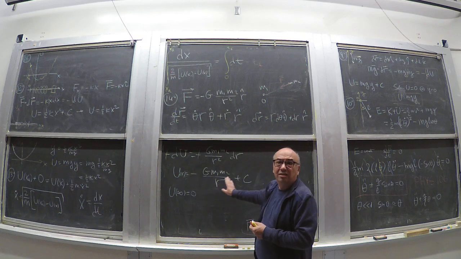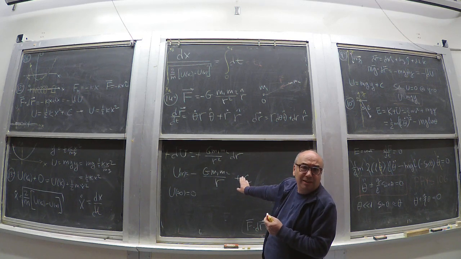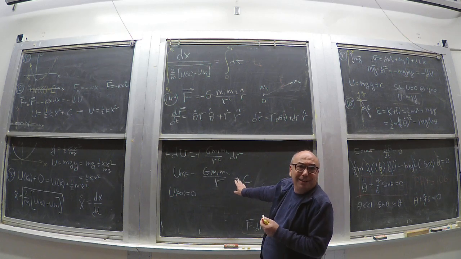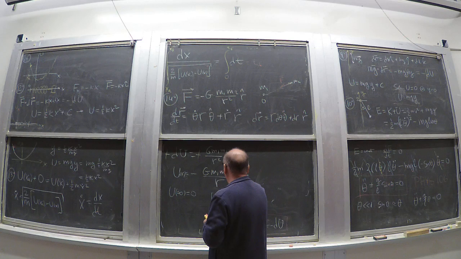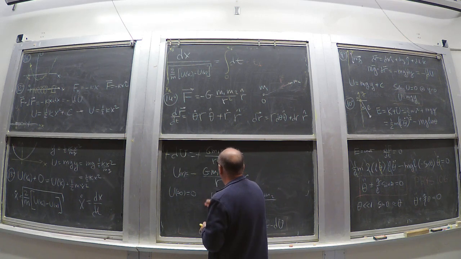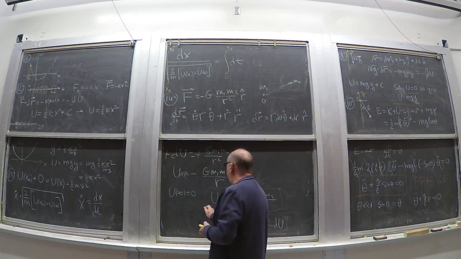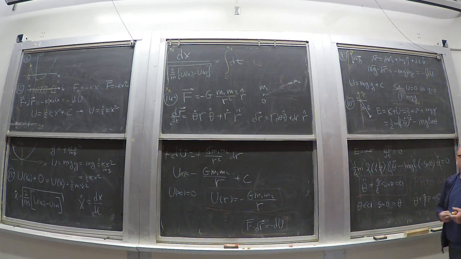You could select c equals to 3.5 times 10 to the 17 if you like it, or whatever is your favorite number. and this will be U of r is equal to negative G m1 m2 over r. This is amazing because it is gravitational potential energy expression.